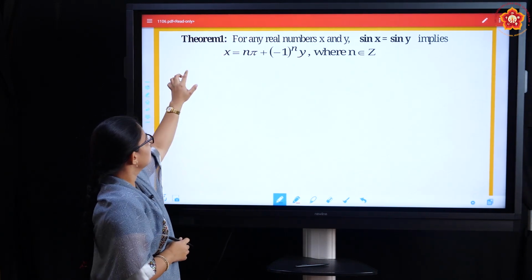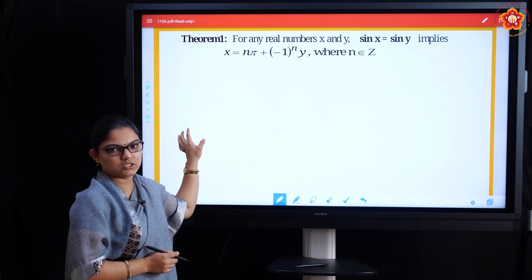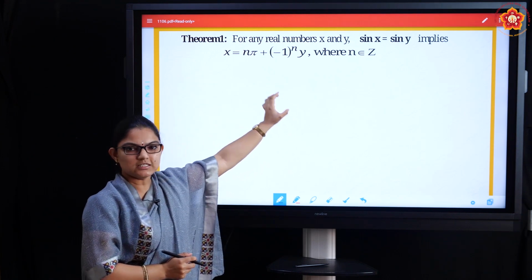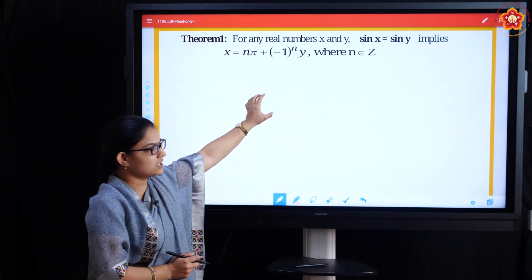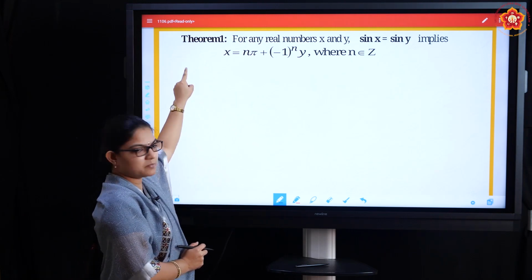Now let us find the general solutions for the trigonometric equations. We can get the general solution for any equation in terms of sine by using this particular theorem.